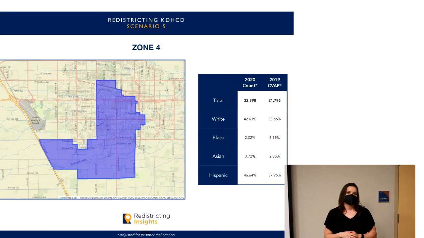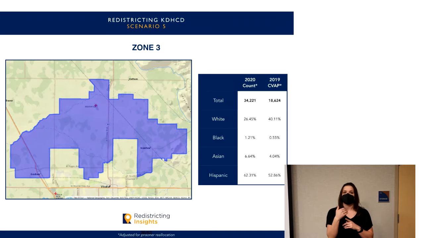And then we have this western one, which stays south of Goshen, might take in a little bit of Goshen. Deviation is under by 1.36%, 29.91% Hispanic CVAP.